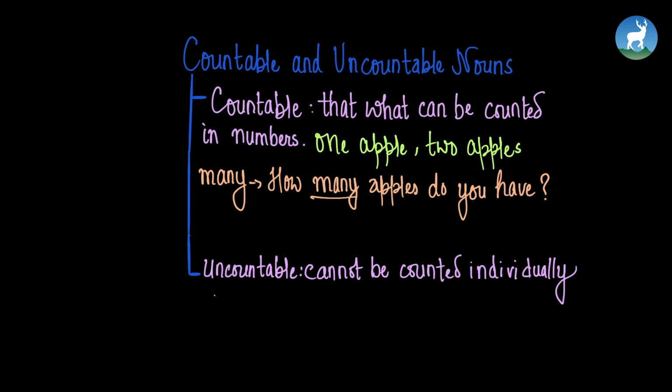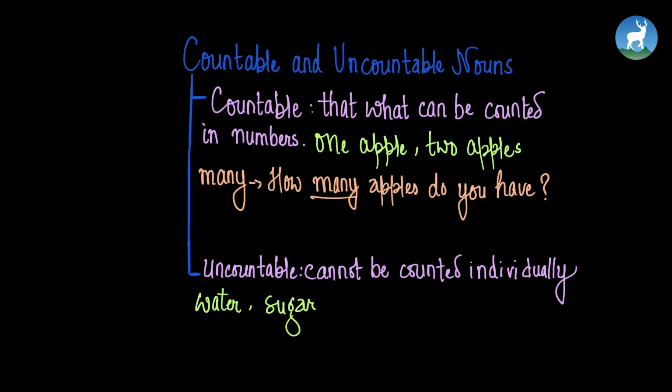Likewise, let's talk about uncountable nouns. Uncountable nouns are things we cannot count individually. For example, water, sugar. Can you count this? No, we cannot count them individually. We need a measurement, right? So when things cannot be counted individually, they are termed uncountable nouns.